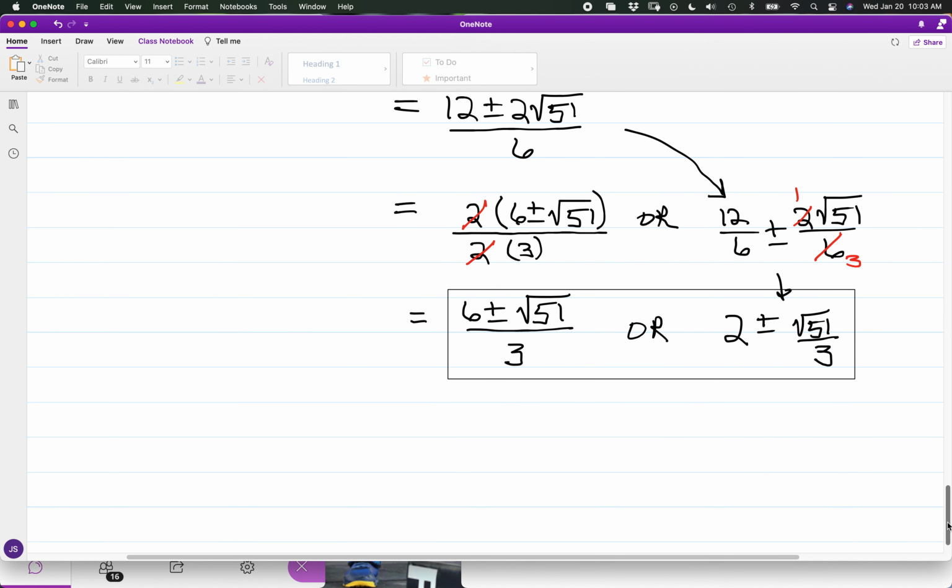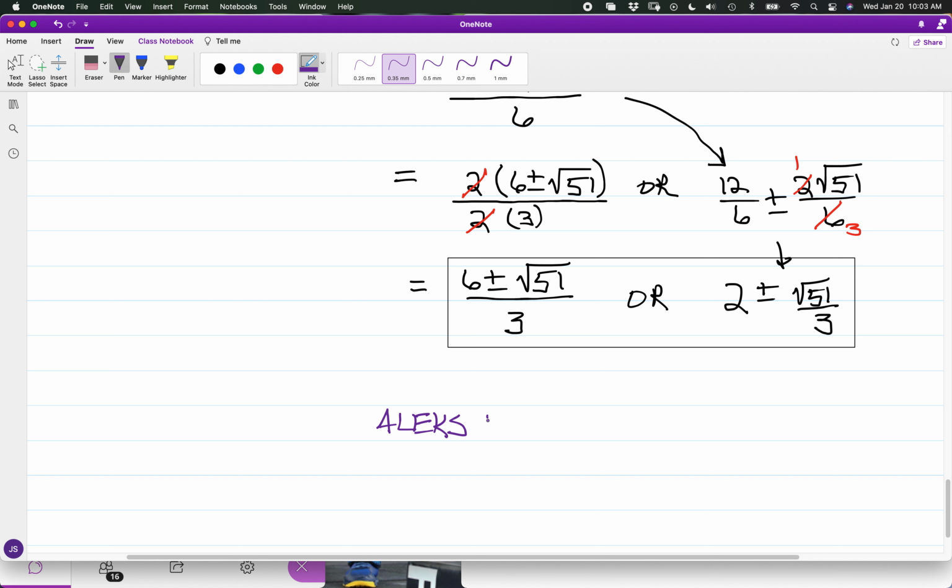Well, I know I do, but in Alex, if you took this answer, what you would want to do is put the answers in terms of 6 plus the square root of 51 over 3, and 6 minus the square root of 51 over 3.